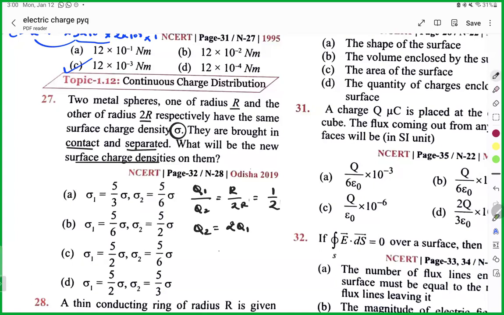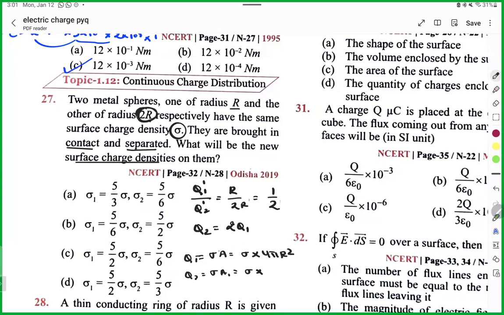Yes. First, you have to calculate what the Q1 value will be. Q1 will be equal to sigma times area. What will be the area? 4 pi r square. For Q2, sigma times area. What is the area of the second?